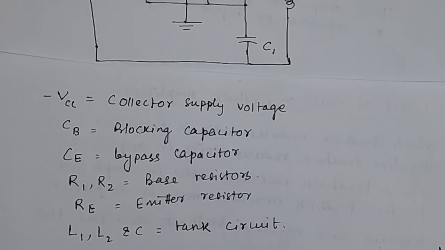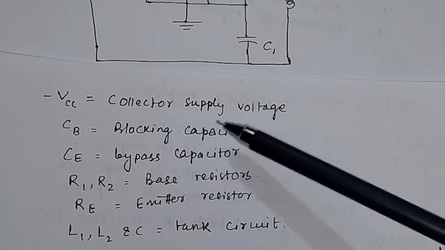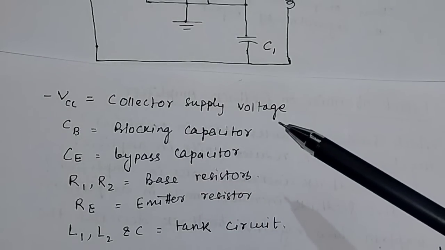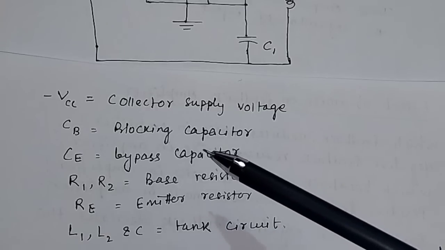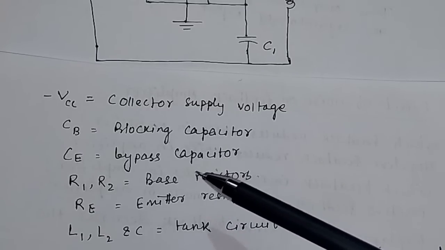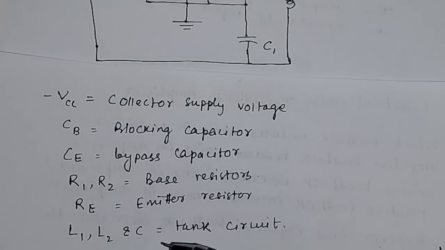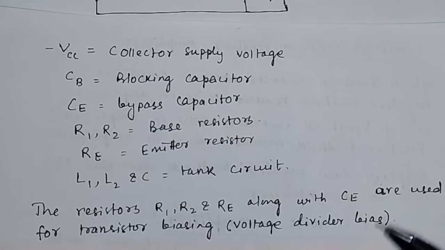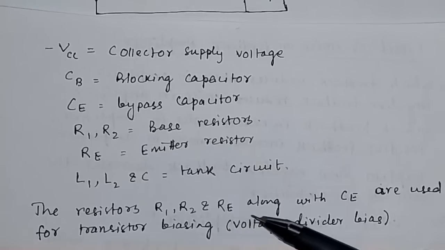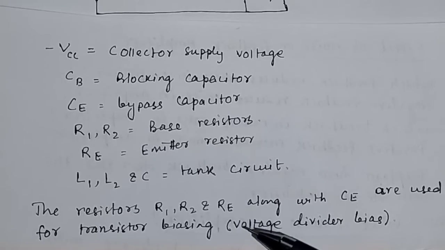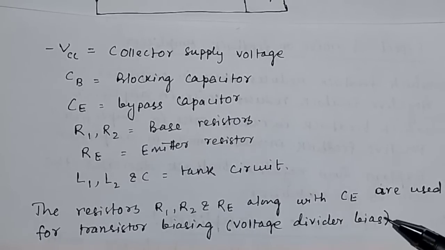In the examination you should write about these things: VCC is the collector supply voltage, CB is the blocking capacitor, CE is the bypass capacitor, R1 and R2 are the base resistors, RE is the emitter resistor, and L1, L2 and C form the tank circuit or the oscillatory circuit. R1, R2 and RE along with CE are used for transistor biasing, and the biasing method here is the voltage divider bias.